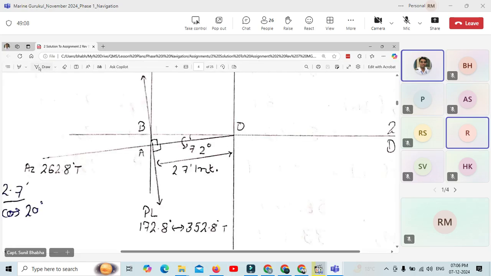He's made this triangle, Oscar, Alpha, Bravo. And in this triangle, he knows the side Oscar to Alpha is the intercept. This is the intercept. This is known to us.